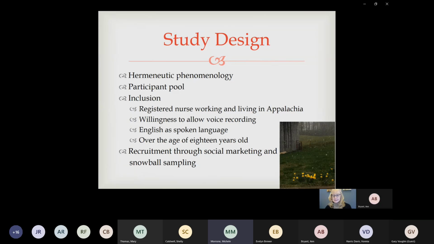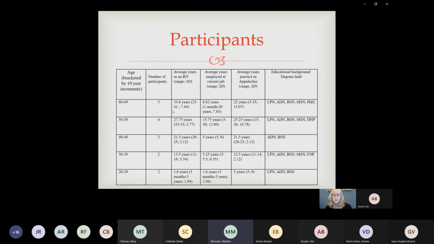They had friends and family in that state. And I can't assume that their viewpoints were the same, but they certainly had some knowledge of what was prevalent in the other state. So as you can see from this, I had a good broad spectrum of participants.